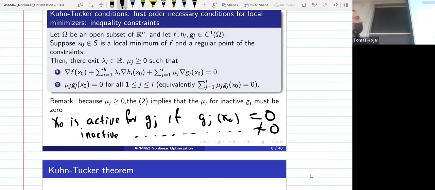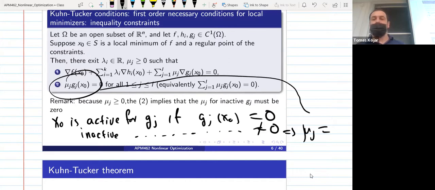So that means that if it's inactive, you get from this condition that mu j will be what? What does it imply?